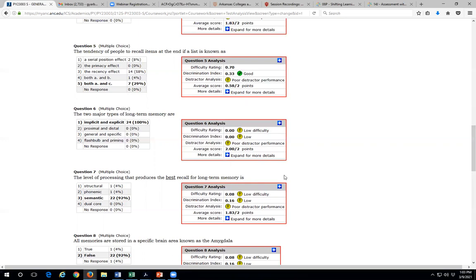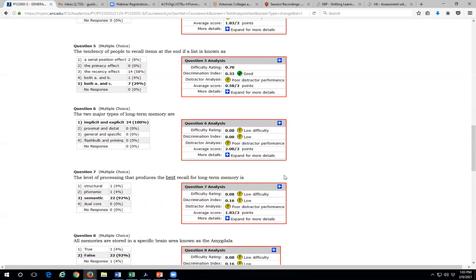So here, I've described a serial position effect, so that's true. There are two of them that we discussed in the lecture called the primacy effect and recency effect. And the recency effect is remembering things at the end of the list. So that's the first and the third. So that's why that is the correct answer. The recency effect is also a serial position effect.